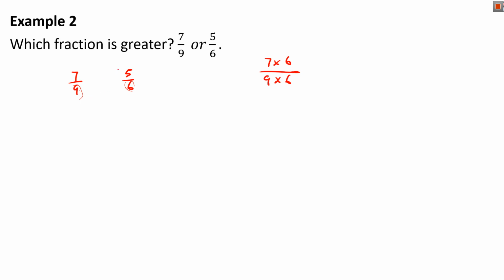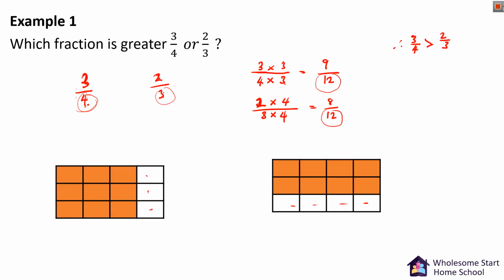Then we multiply this one by this denominator, that will be 5 times 9 over 6 times 9. You get it now? Just the way we did here. We multiply this one by 3, the denominator, and this one by 9.